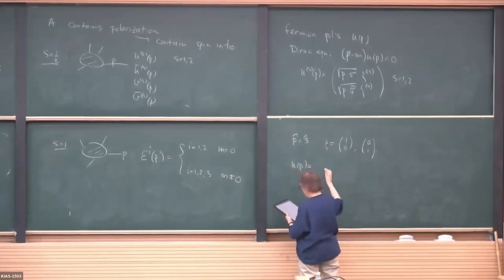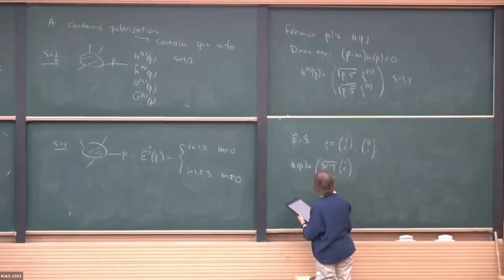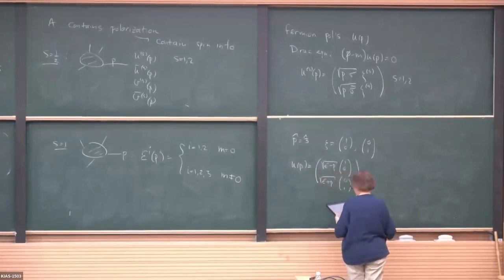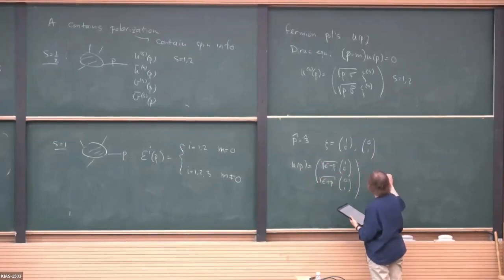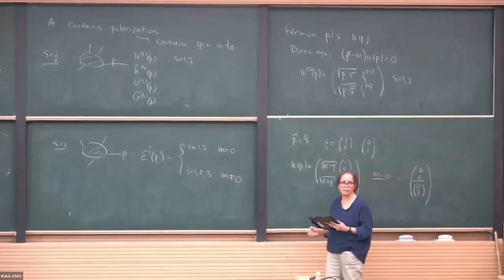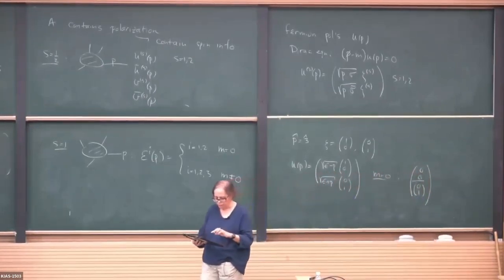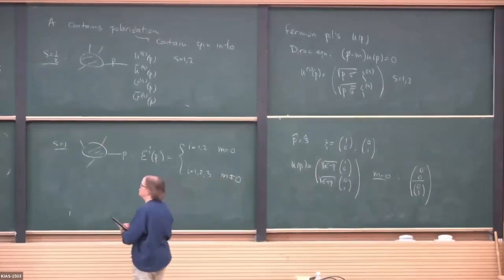So u(p) in this case is equal to √(E−p) times (1,0), and √(E+p) (0,1) for one state. And if I look at m equals 0, you see that it just reduces to this guy here. So we have a state of specific chirality. Okay, so these are all things that you know. Similarly, you know how to choose your vector polarizations.